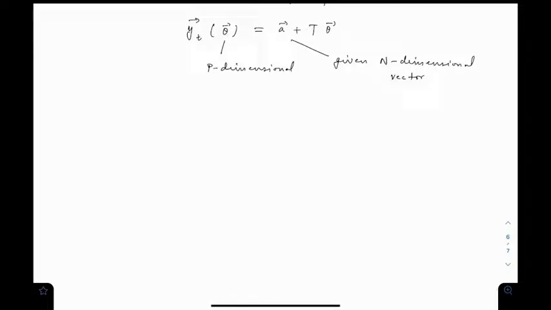Y t is the n-dimensional vector of predictions.